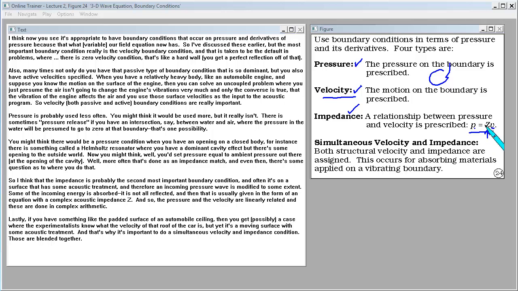Lastly, if you have something like the padded surface of an automobile ceiling, then you get possibly a case where the experimentalists know what the velocity of that roof of the car is, but yet it's a moving surface with some acoustic treatment. And that's why it's important to be able to do a simultaneous velocity and impedance condition, and those are blended together.